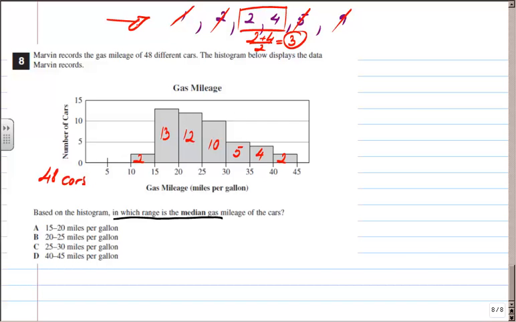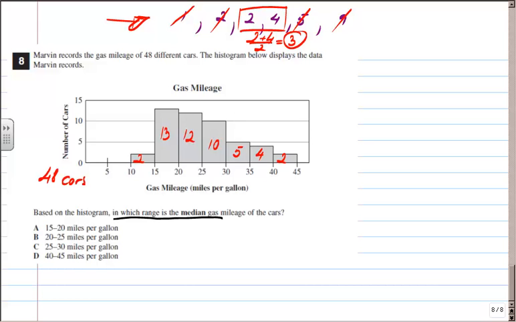If you want to write it the way I gave you in the example on top, you have to write 48 numbers, and it's going to take you forever. But the easiest way to find where the middle of all your data is, where the median is, because you're basically looking for the midpoint, right?